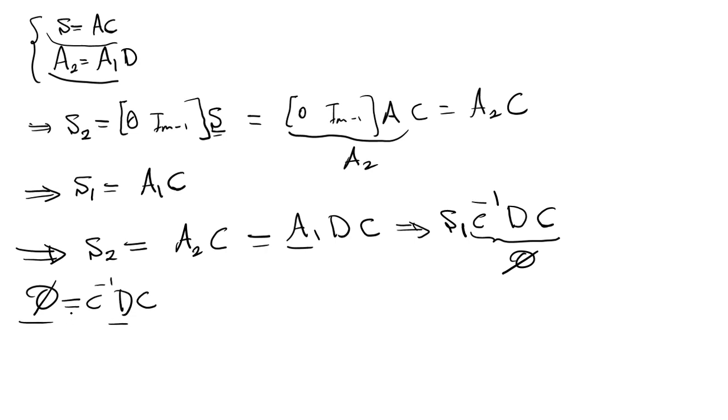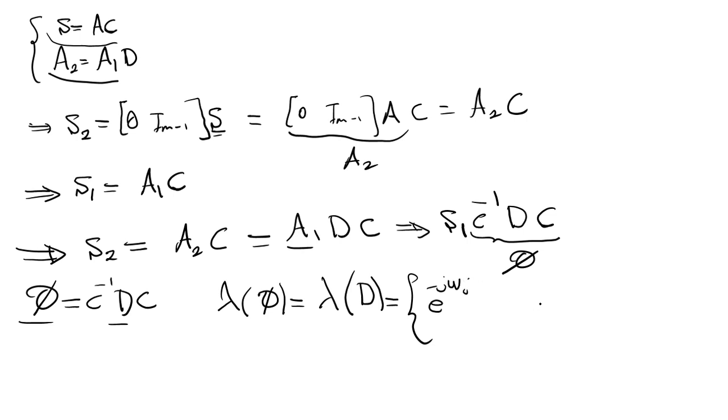Phi and D are similar matrices. That means the eigenvalues of Phi equal the eigenvalues of D, which are e to the minus j omega i for i equals 1, 2, up to n.